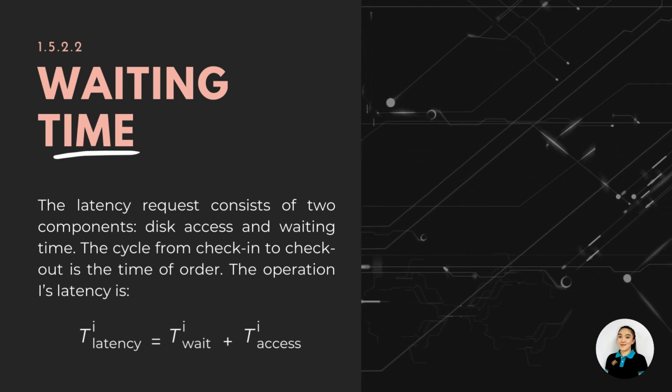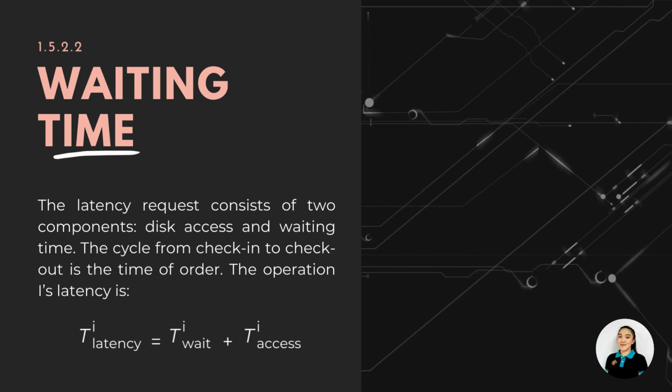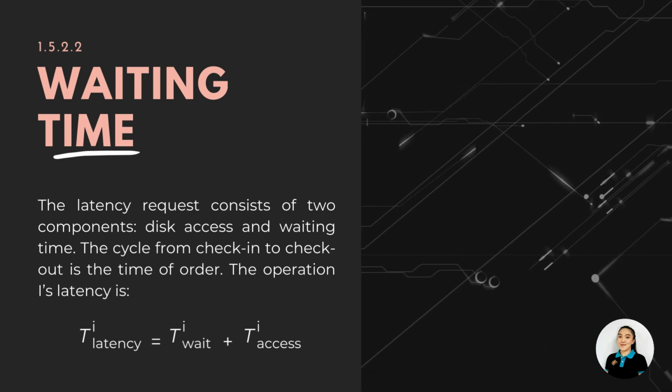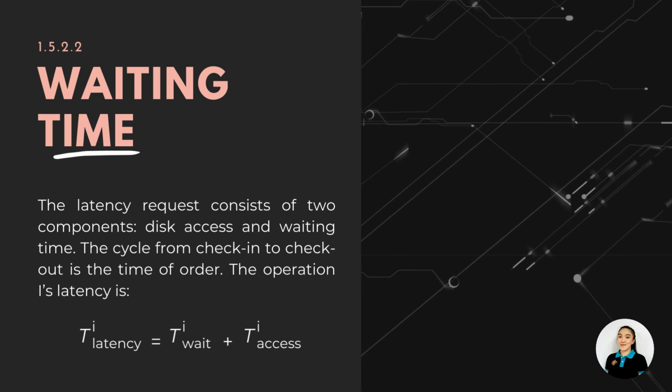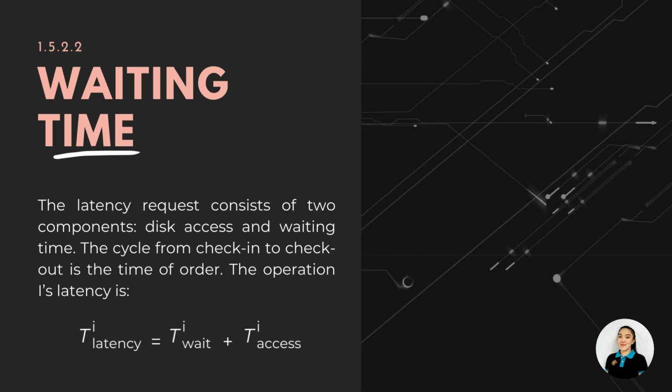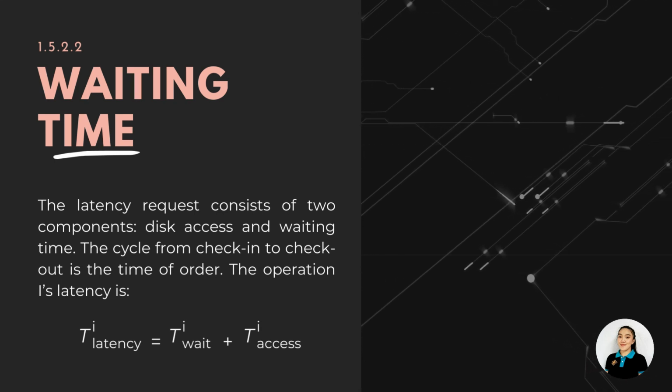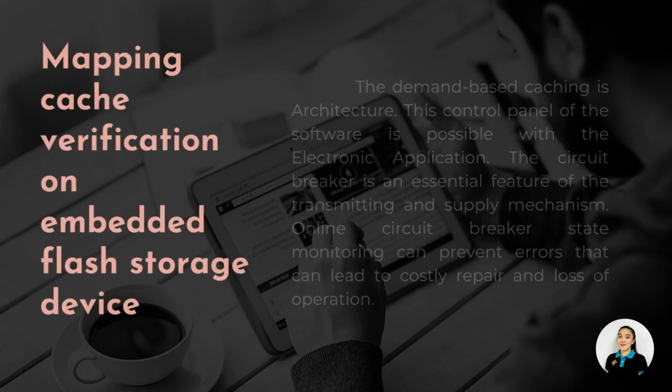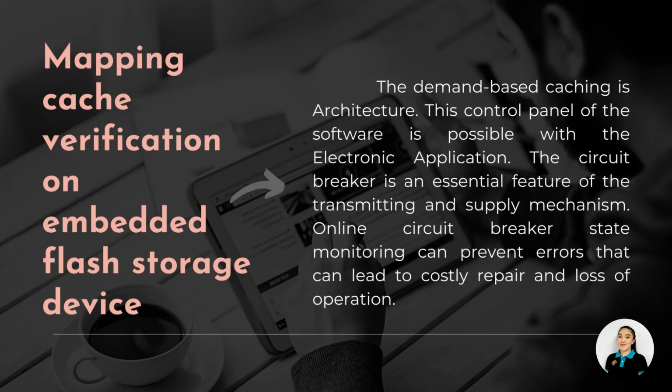For example, if you have a long message, how long it takes for that long message to reach the destination from the time it was sent from the source. So that is latency. The mapping cache verification on embedded flash storage device. The demand-based caching is architecture.